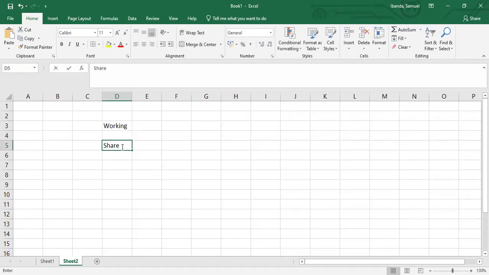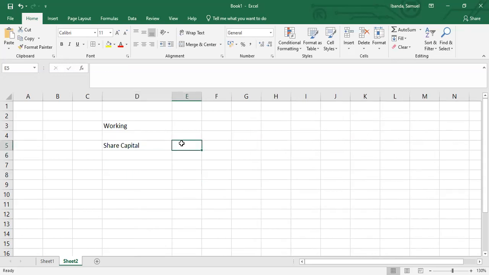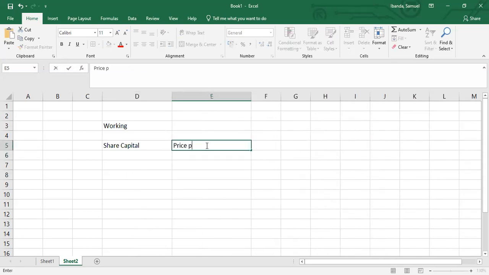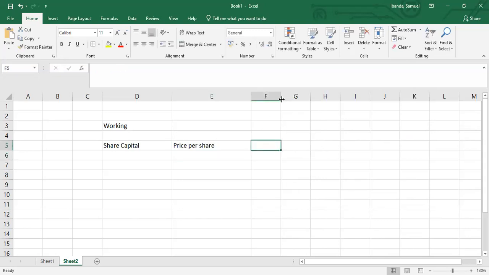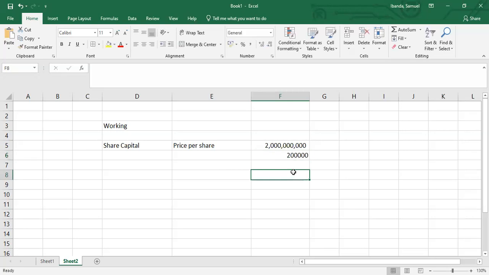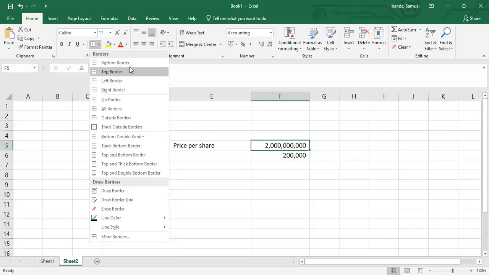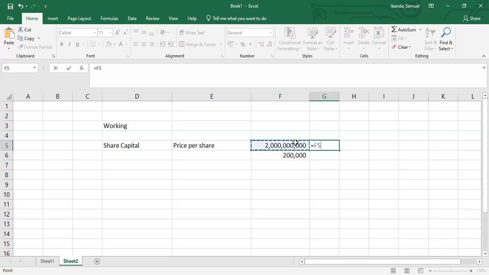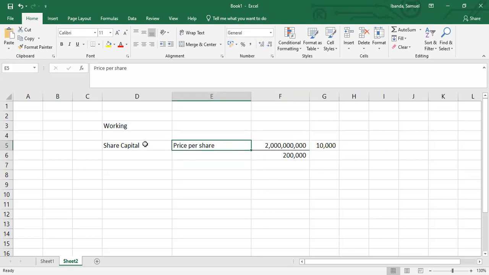We have share capital. So price per share, like I said, is basically the 2 billion divided by the 200,000. So this gives me 10,000. So 10,000 is the price per ordinary share.